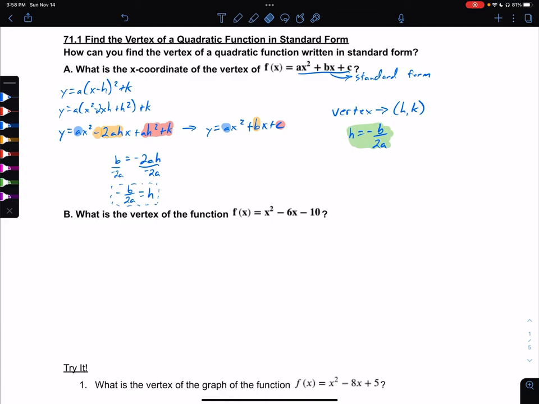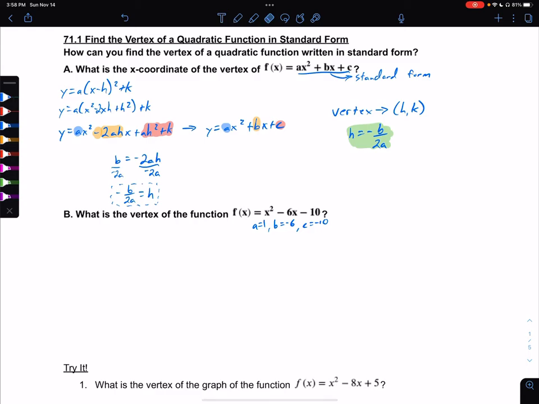Okay. So looking at part B, because now we've got that theory out of the way, what is the vertex of the function f of x is equal to x squared minus 6x minus 10? In this specific problem, we have a equal to 1, b equal to negative 6, and c equal to negative 10.